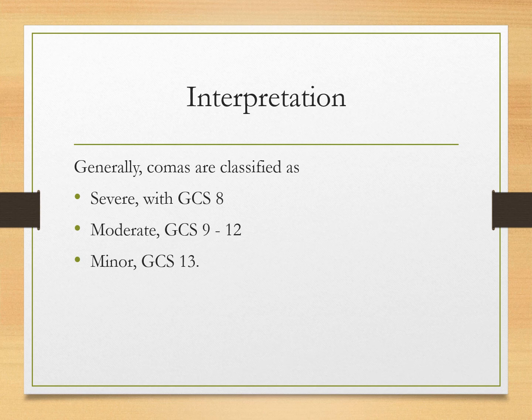Interpretation. Anything below 8 of a GCS score is going to be severe. Moderate is going to be your 9 to 12, which is going to encompass some of your more severe concussions, and then your minor is going to be your 13 and 14.